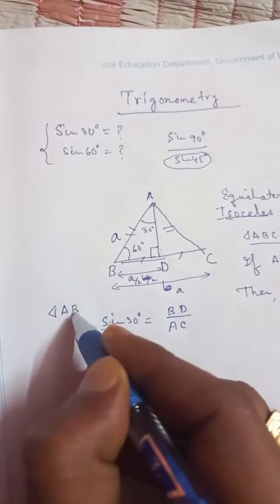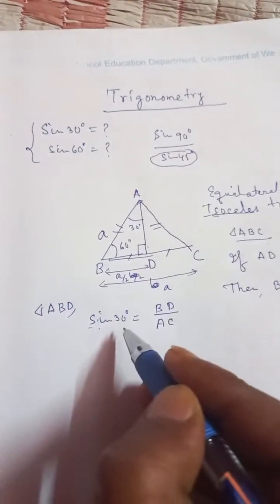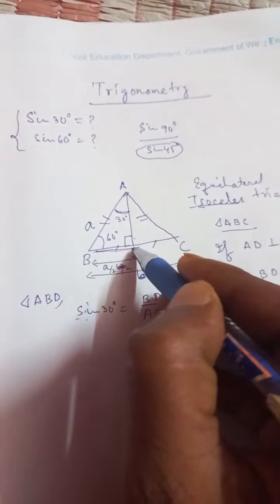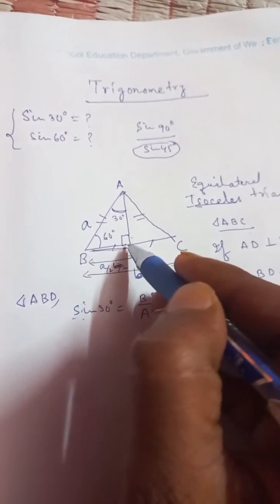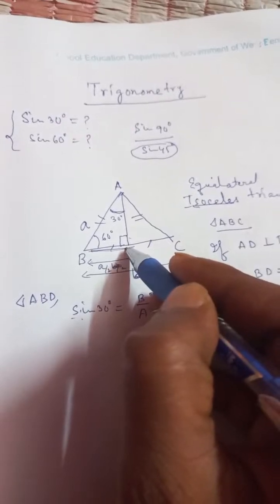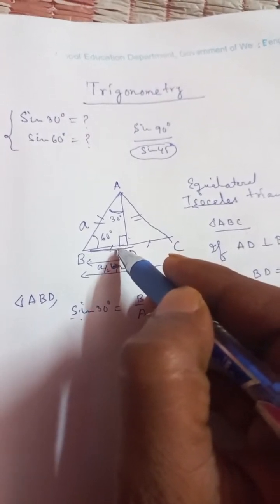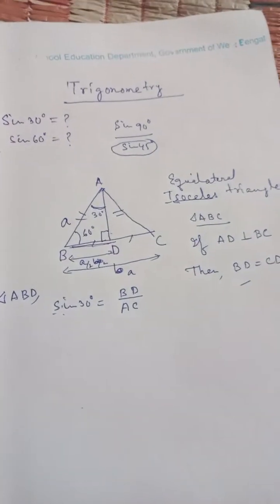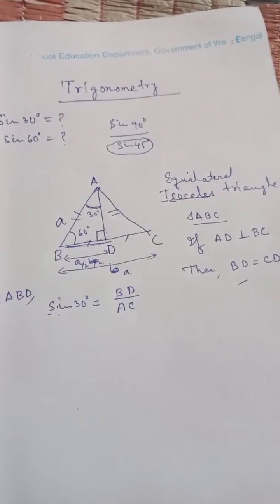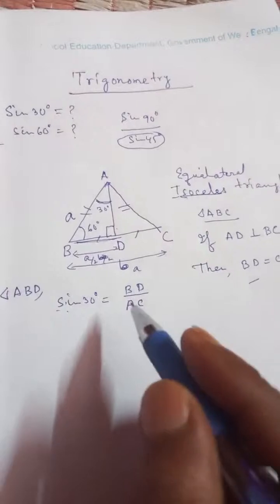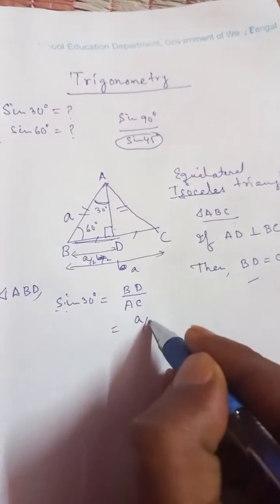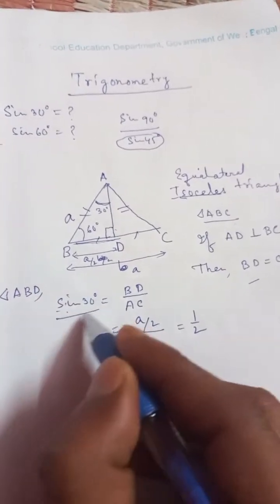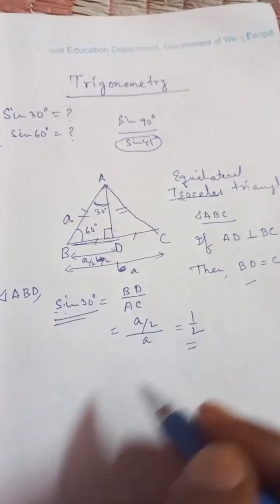In triangle ABD, sine 30 degree is equal to, with respect to this angle, BD is the perpendicular and this is the hypotenuse. So this will be A by 2 by A, or 1 by 2. So we are getting sine 30 degree is equal to 1 by 2.